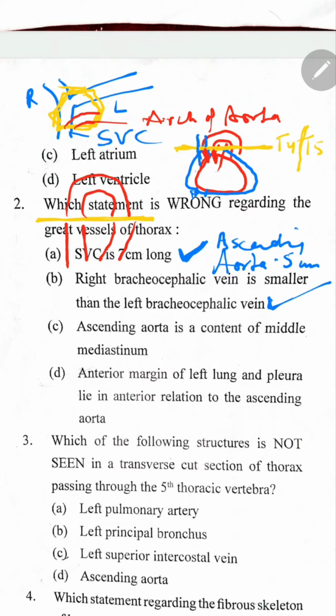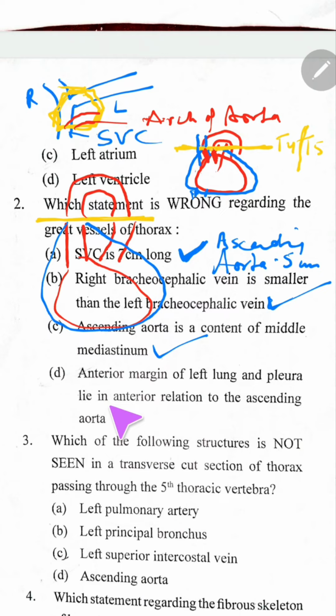The ascending aorta terminates at the level of the sternal angle, the arch of aorta commences and terminates at this level, and then the descending thoracic aorta begins at this level. So the ascending aorta, all you are seeing here, is a content of the middle mediastinum. Okay, so that means this statement is also correct.